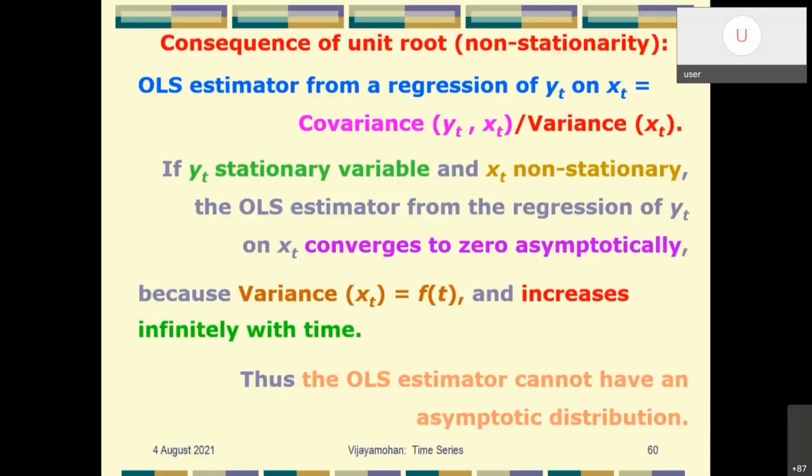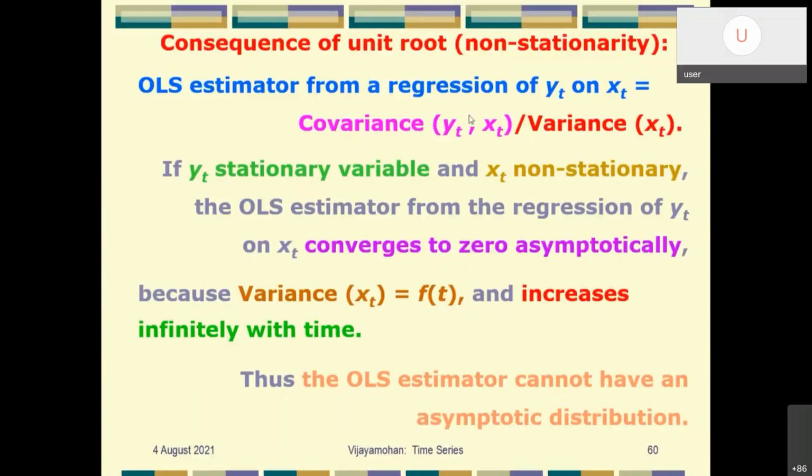Here XT is non-stationary, so in the OLS estimator equation, covariance divided by variance of XT, this variance of XT will increase over time.